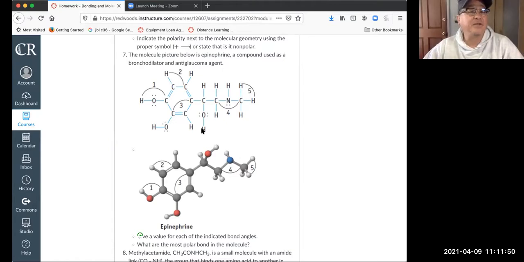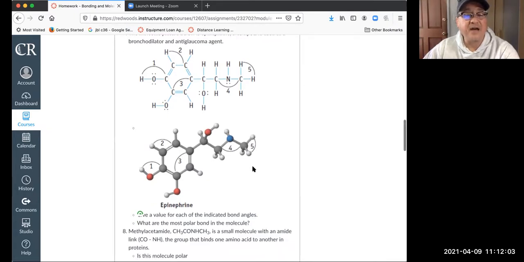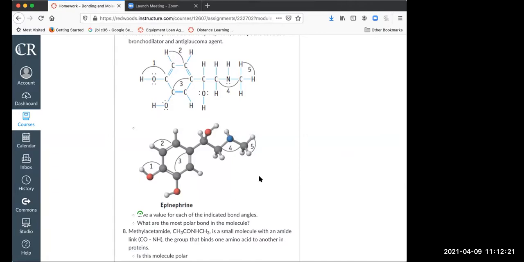So the molecular picture below is epinephrine, a compound used as a bronchodilator and an anti-glaucoma agent. Here we're supposed to give the value for each of the indicated bond angles. So what I'm going to do is draw what we see for each of those bond angles. There's one.